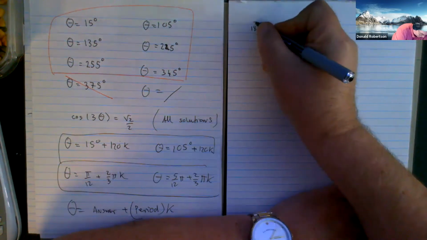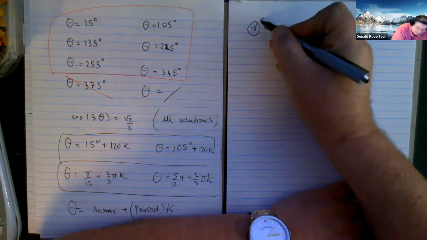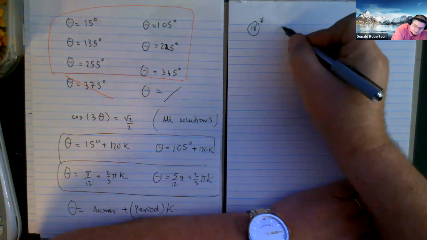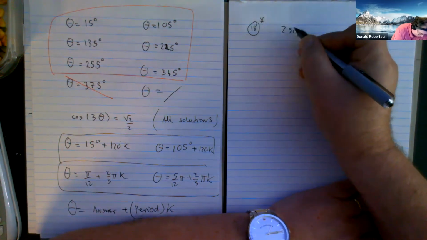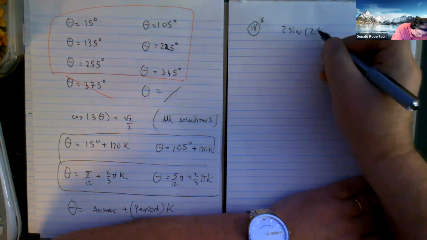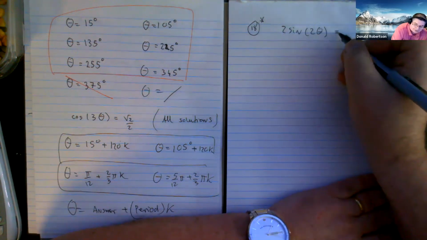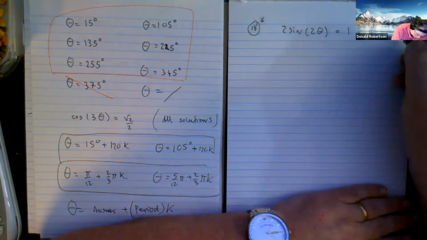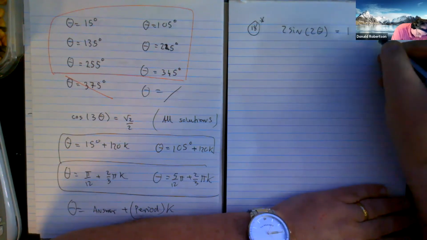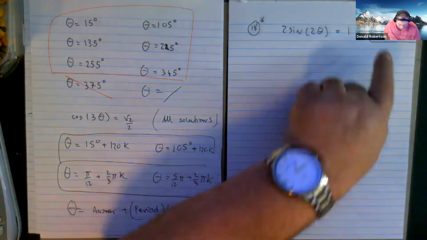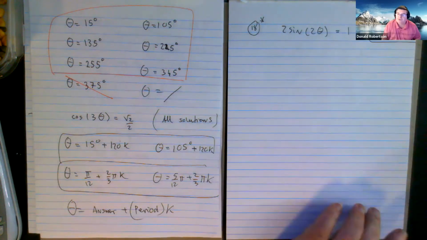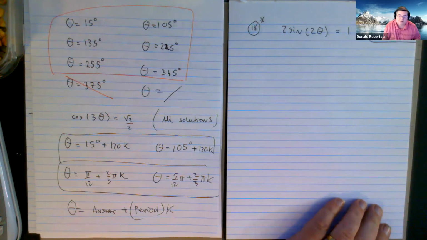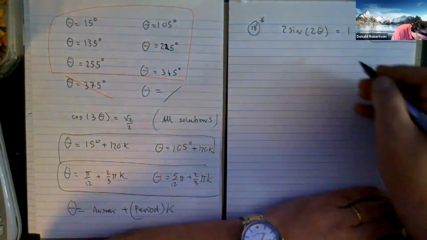Let's do, this is number 18 from the textbook: 2 sine 2 theta is equal to 1. And we're going to be choosing only angles in the range 0 to 2 pi. So that means it's going to be radians, but they have to be between 0 and 2 pi.